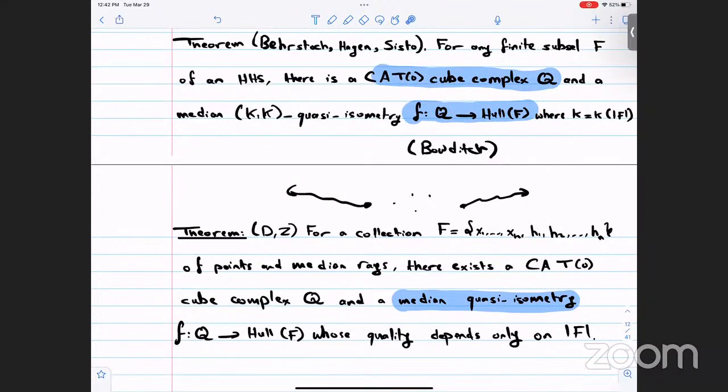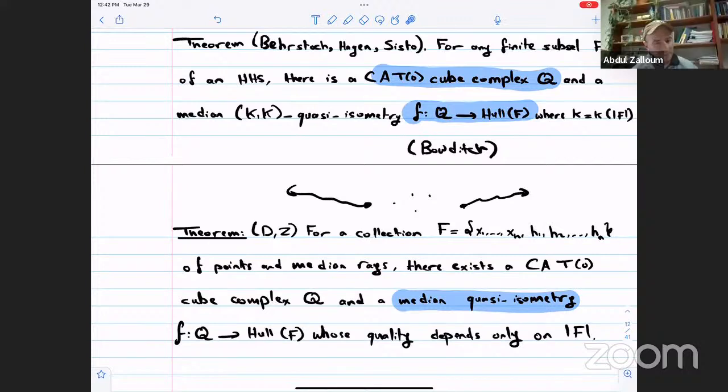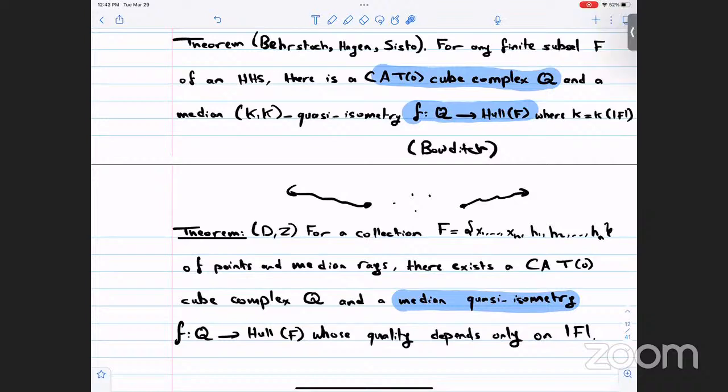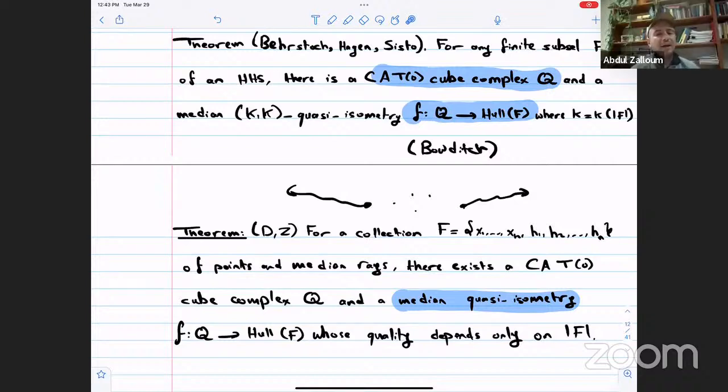Okay, so now, what about the median here of the HHS? This statement holds for HHSs. In fact, I don't want to get sidetracked now, but I can tell you more if you would like. It holds in coarse median spaces with a very mild condition.